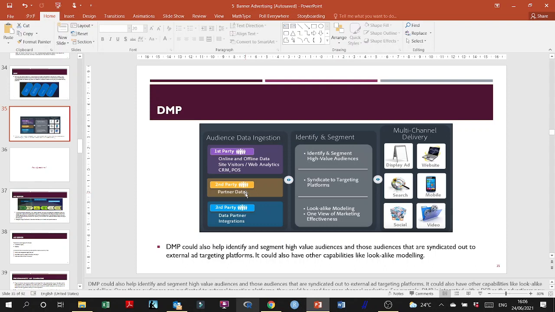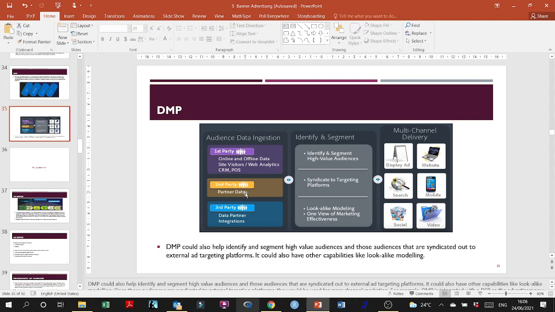If the CRM data is empowered or enriched with such insights, if you are outsourcing the analytics and it is enriched by using such extra or external knowledge and data, then it becomes second party data.